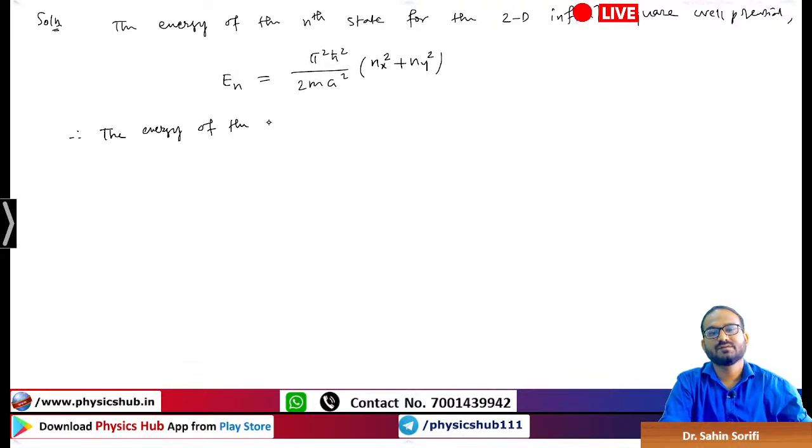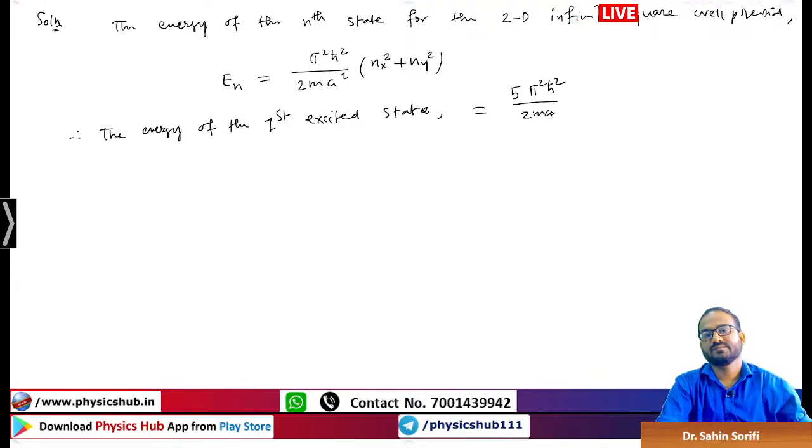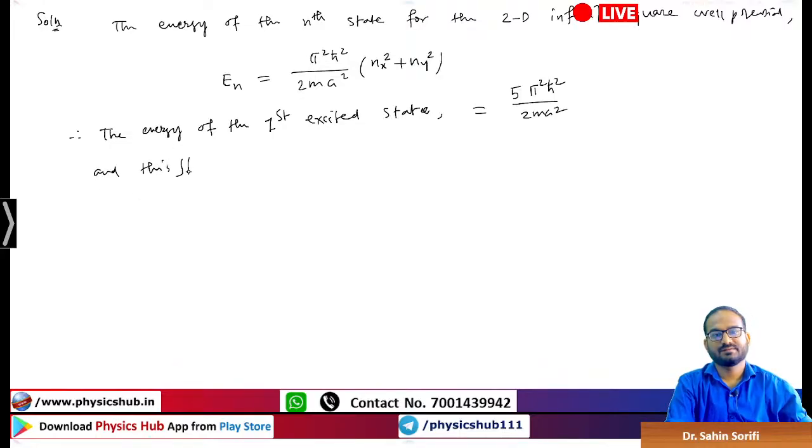Energy of the first excited state is equal to 5 pi square h cut square by twice m a square, and this state is two-fold degenerate.